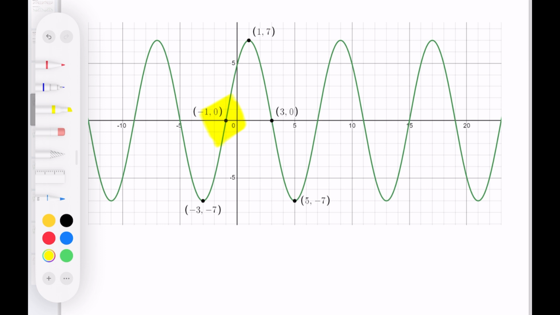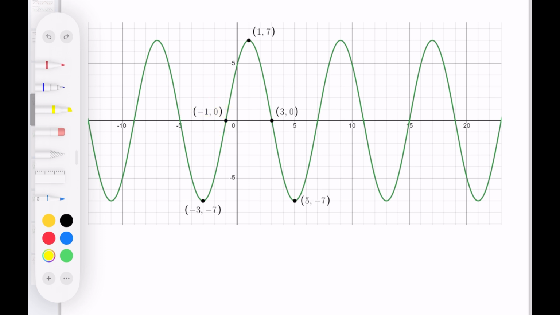Similarly, if you look at this point right here, negative 1, 0, if you consider that as the starting point of this graph, I can see within a neighborhood of that, the graph is climbing up. That means it looks like the basic sine curve, which means by using this point, negative 1, 0, as the starting point, I should be able to write down a positive sine function for this sinusoidal.